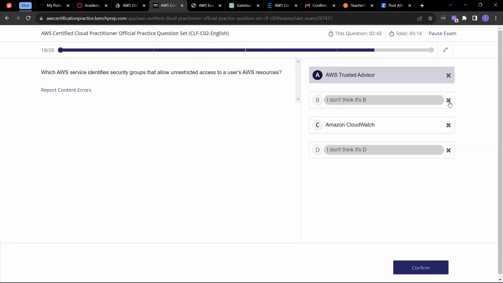I think it's used to audit and track changes. So one is correct, one is a distractor. Let me see. No, I think it's CloudWatch. Yeah, that is what I also think.